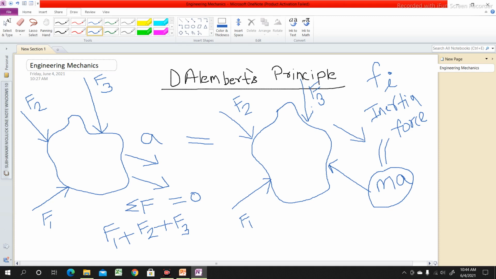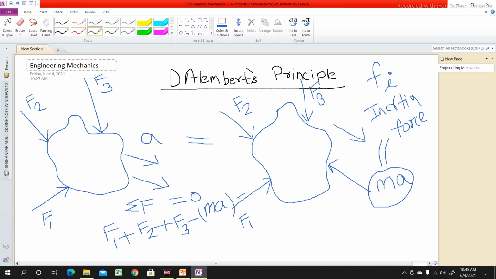Okay. So according to this D'Alembert's principle, in order to maintain the dynamic equilibrium of the body, what will the force equilibrium equation be? It will be summation of F equal to 0, and summation of F equal to 0 is F1 plus F2 plus F3 minus ma, because this inertia force is applied in the direction opposite to the direction of motion of the body.